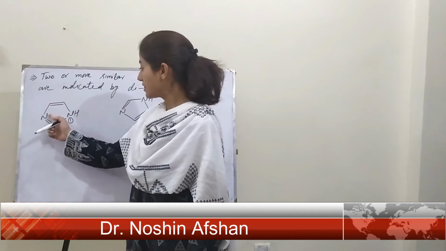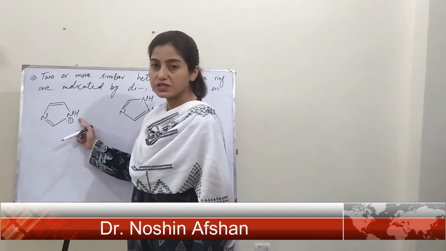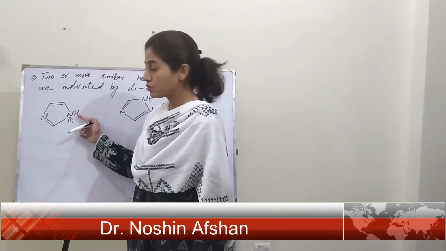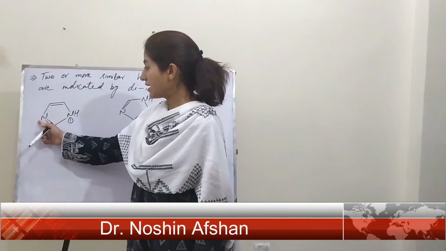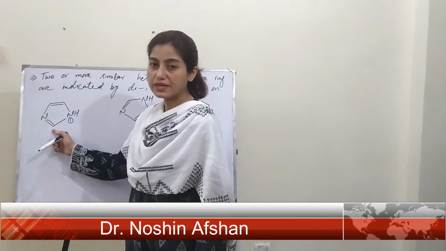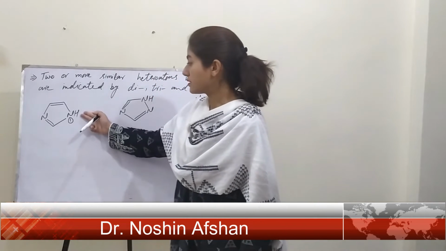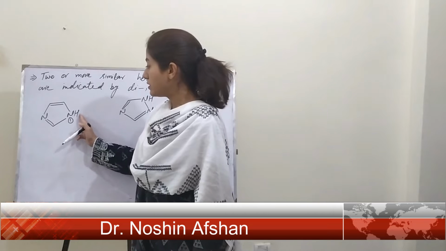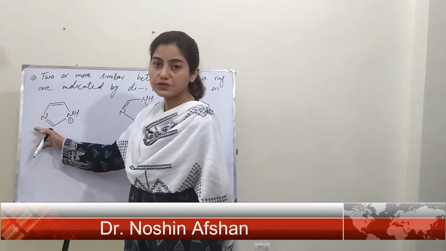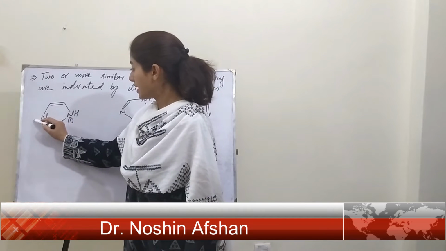In this case, this nitrogen is the saturated one, so it would be given number 1, and this nitrogen is doubly bonded to this carbon atom, which means it is unsaturated in nature. So we will start the numbering from this and then move towards the direction which is closer to the other heteroatom. So here that is 1, 2 and 3.